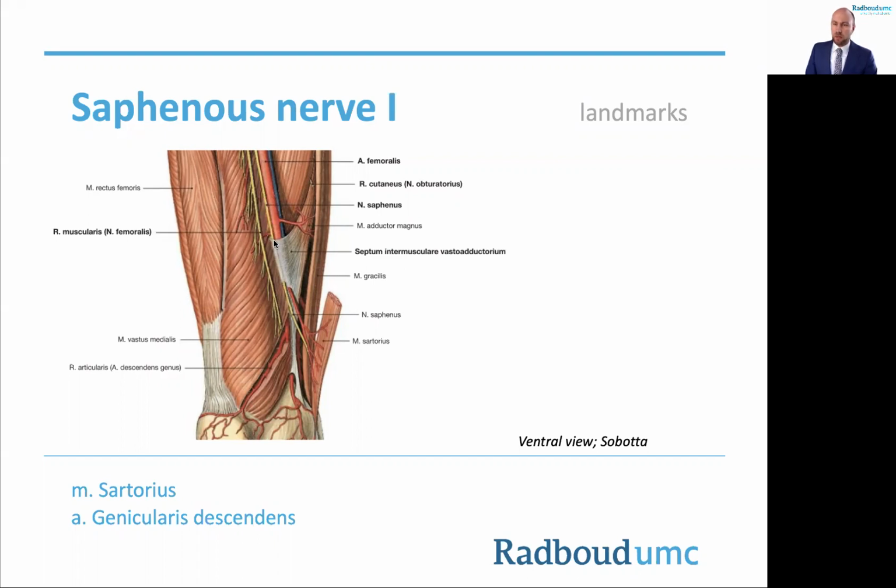The most important landmarks are the sartorius muscle and its accompanying vascular structures like the genicular artery. Here's the sartorius muscle, and over here is the genicular artery. The saphenous nerve follows these landmarks until it pierces through the fascia at the level of the knee.